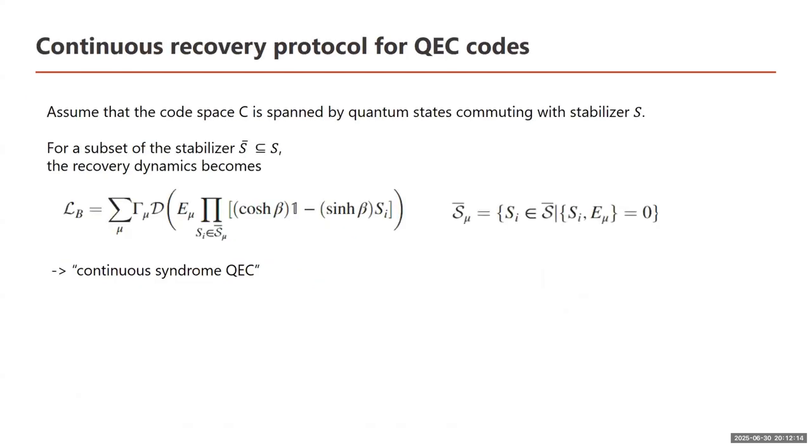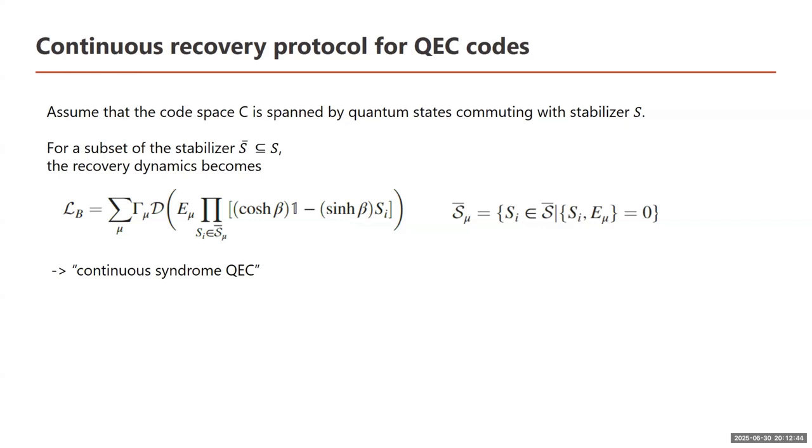Now we know that we can recover in a larger Hilbert space. So let's put this into the quantum error correction code. Assume that the code space C is spanned by quantum states commuting with stabilizer S. For a subset of the stabilizers, S-bar in S, the recovery dynamics becomes like this.